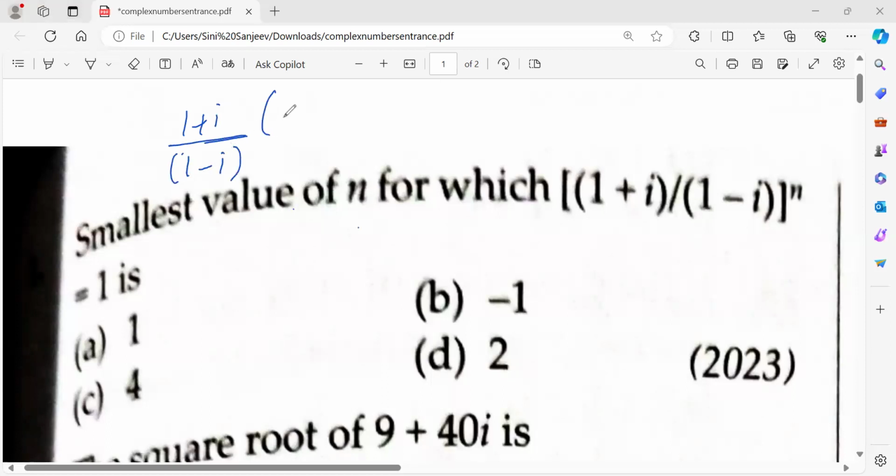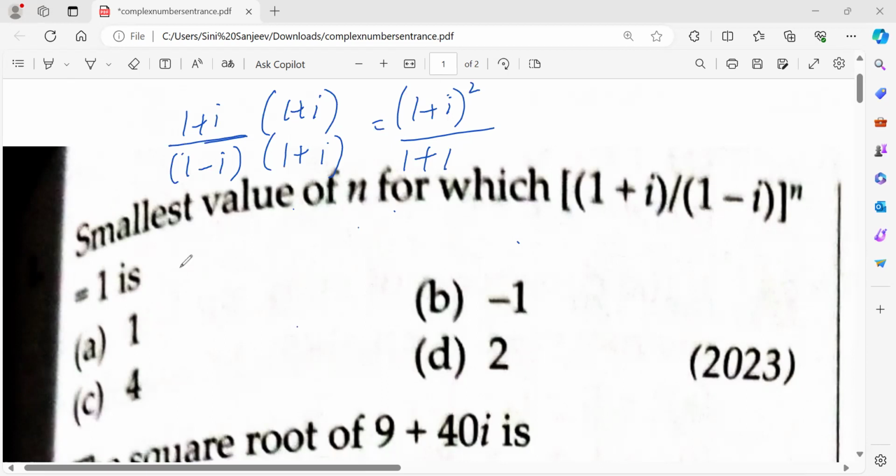First thing is take the conjugate. Correct? So into 1 plus i into 1 plus i. So 1 plus i the whole square divided by 1 square plus 1 square, 1 plus 1.